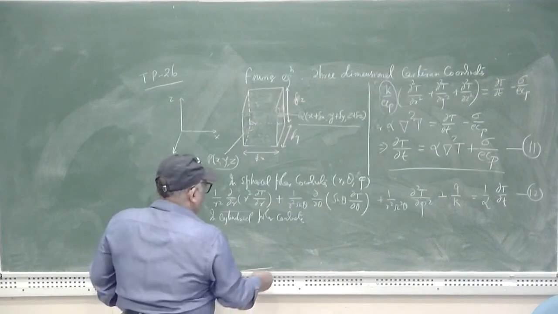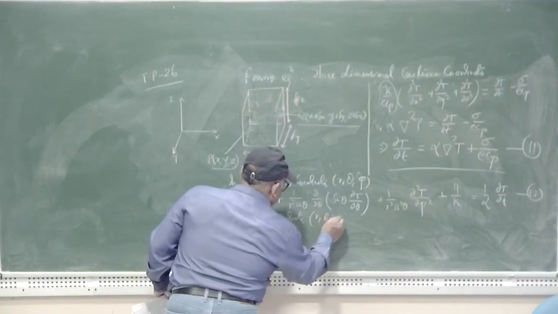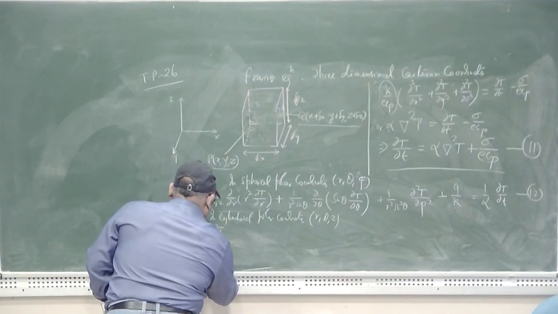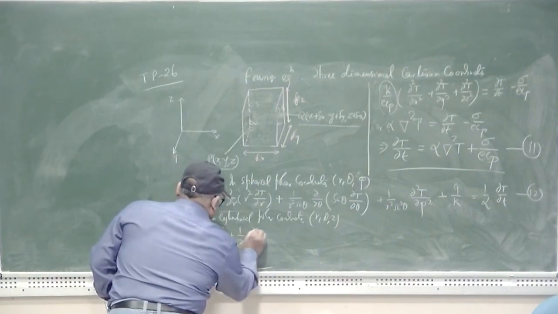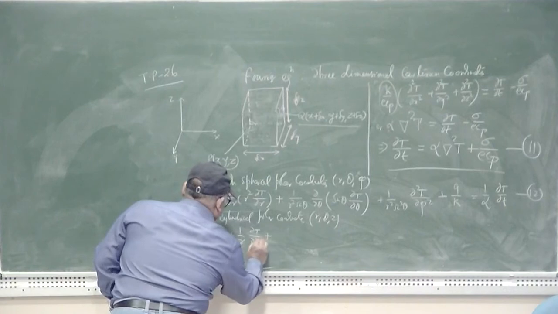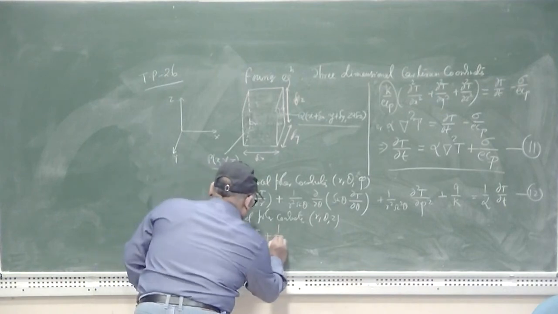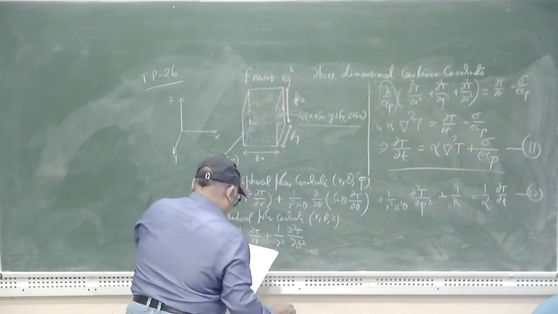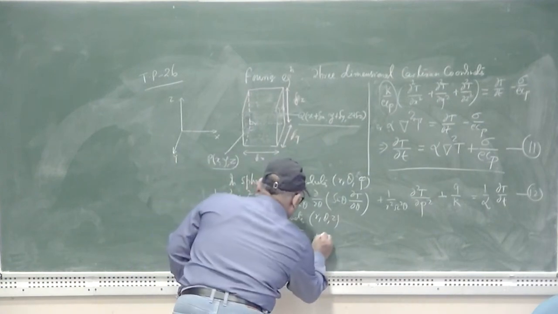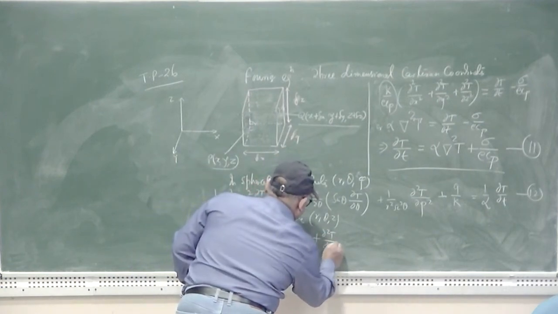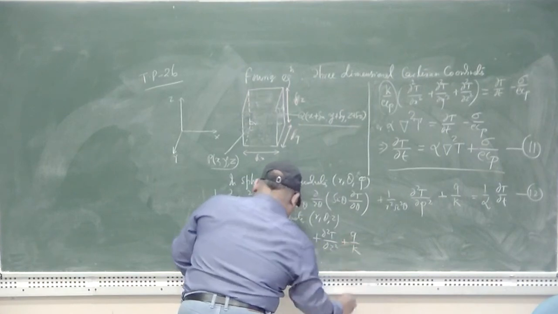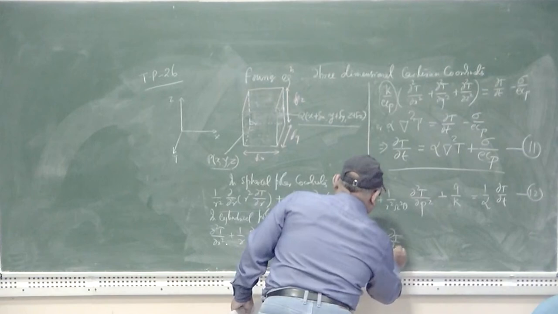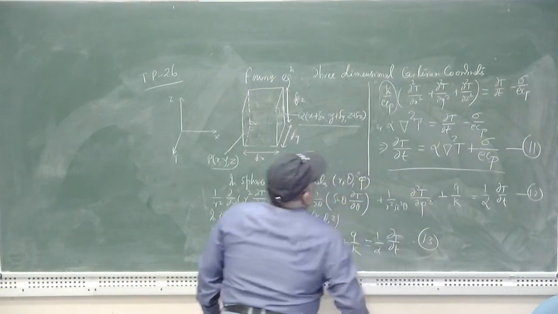Similarly, in the cylindrical polar coordinates the equation is ∂²T/∂r² plus 1 by r ∂T/∂r plus 1 by r square ∂²T/∂theta² plus ∂²T/∂z² plus q by k, equal to 1 upon alpha ∂T/∂t. Let it be equation number 13.